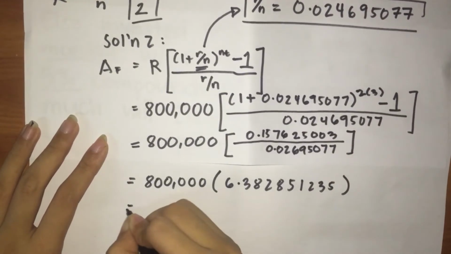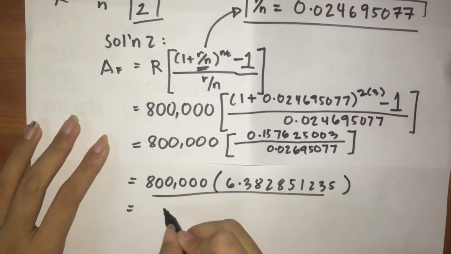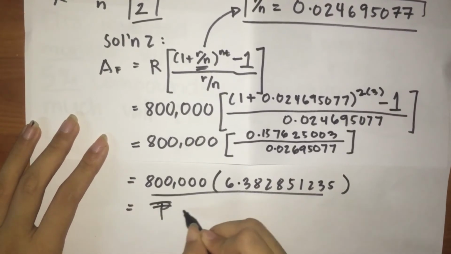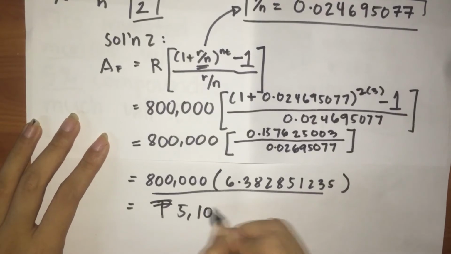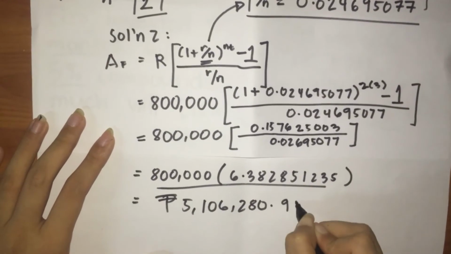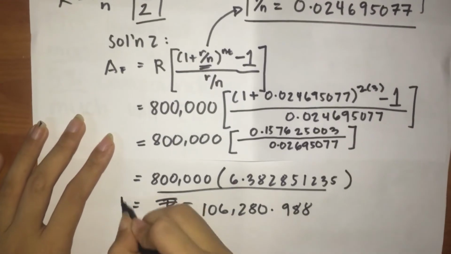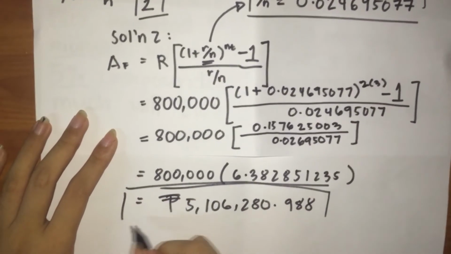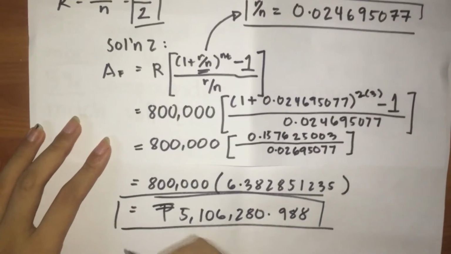So multiply that by 800,000, we'd have in peso sign 5,106,280.988 cents. So that would be our answer.